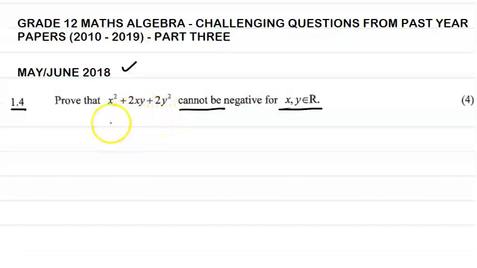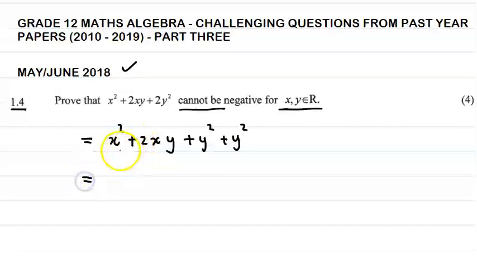If you look very carefully, you can now say that this particular expression equals x squared plus 2xy plus y squared plus y squared. And if you look at that, you can now factorize that to x plus y all squared plus y squared.